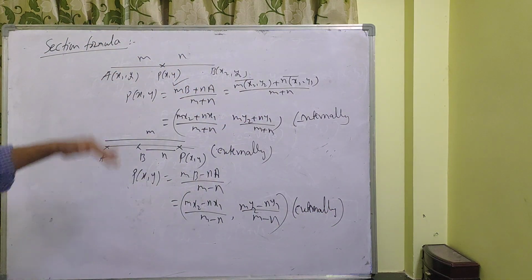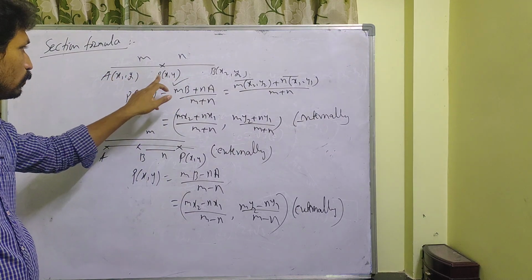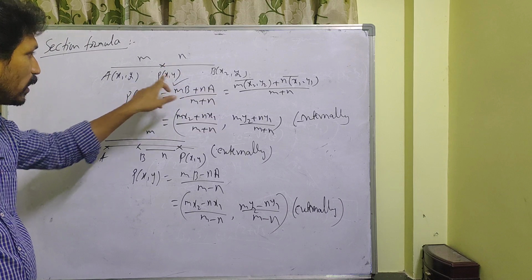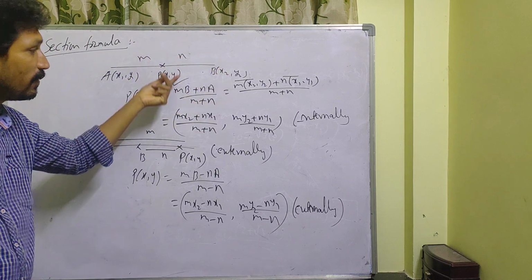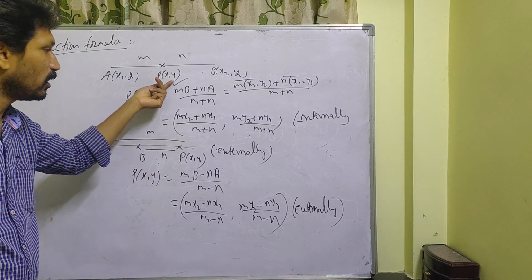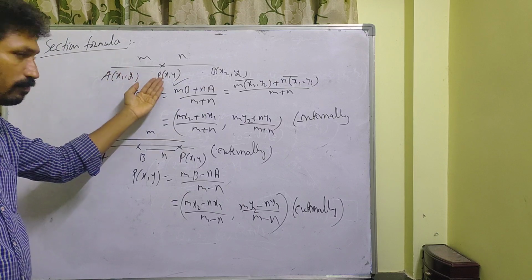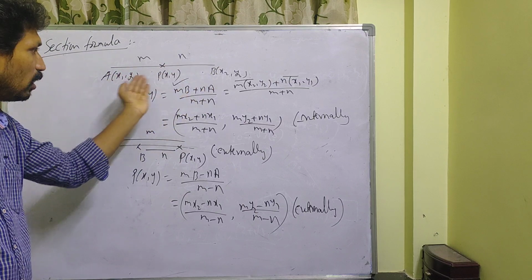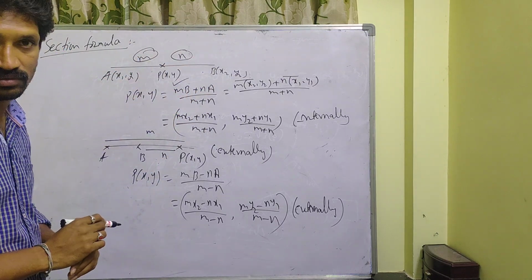Okay. For suppose if you have the points here, for suppose a point A is given, point B is given, and the ratio is given, then this is the formula to find this point P. If you have A, P and B, all three known, and if you want to find this m is to n, how to write?